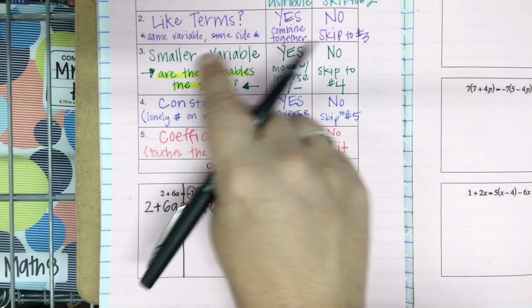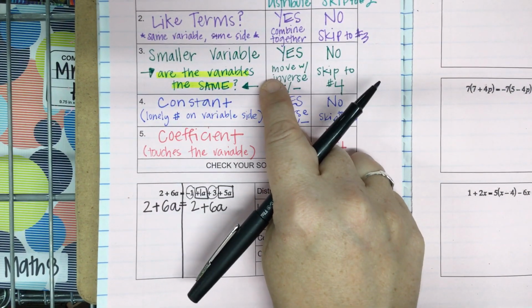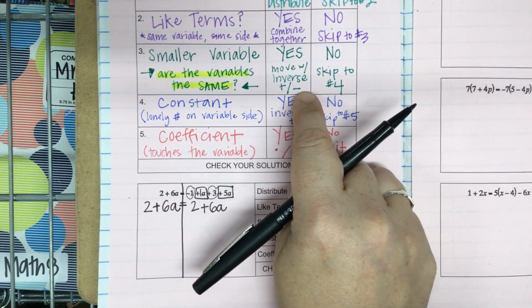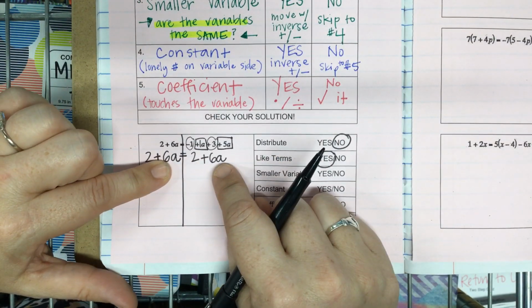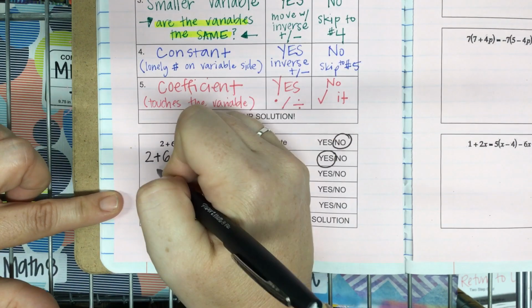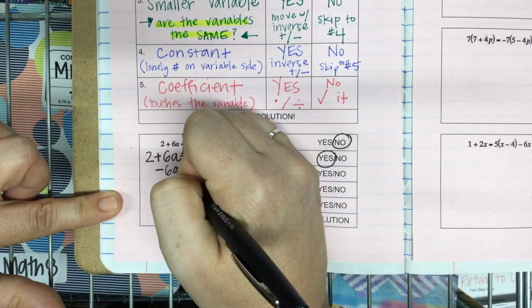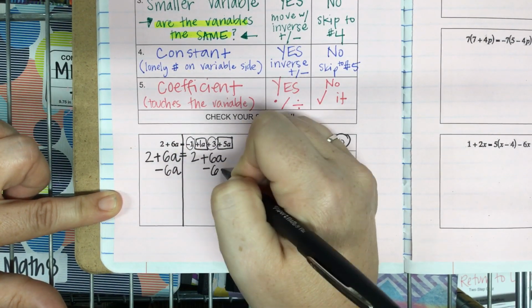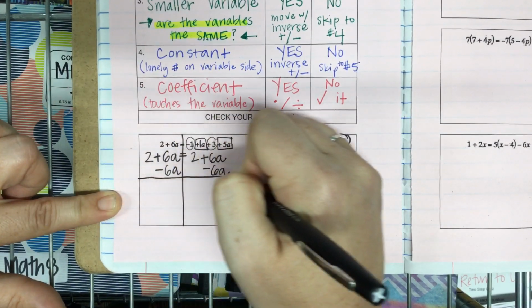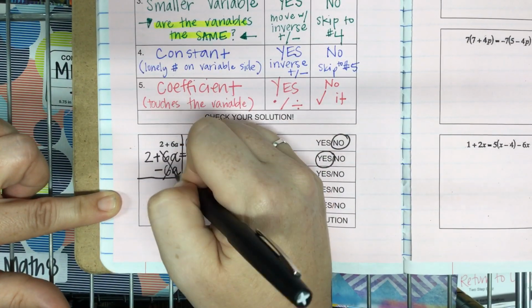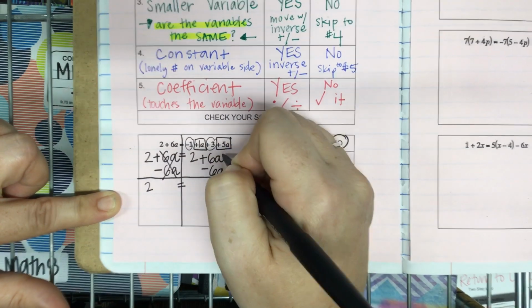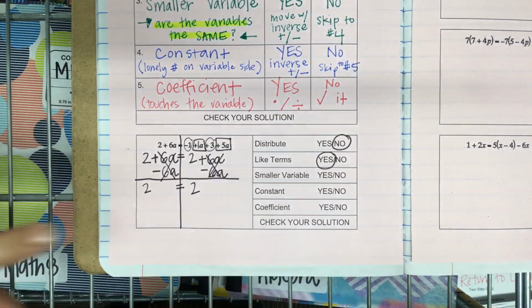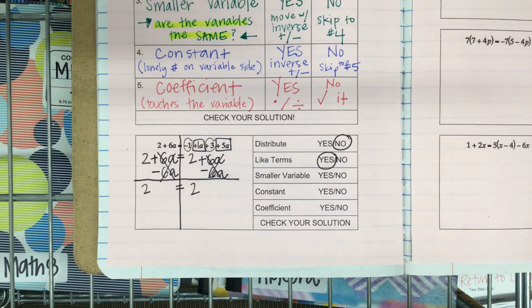I'm going to pick one. It doesn't matter which one because they're the same. And I'm going to subtract 6a from both sides. And I'm left with 2 equals 2. And I'm going to stop, because here's the new part.